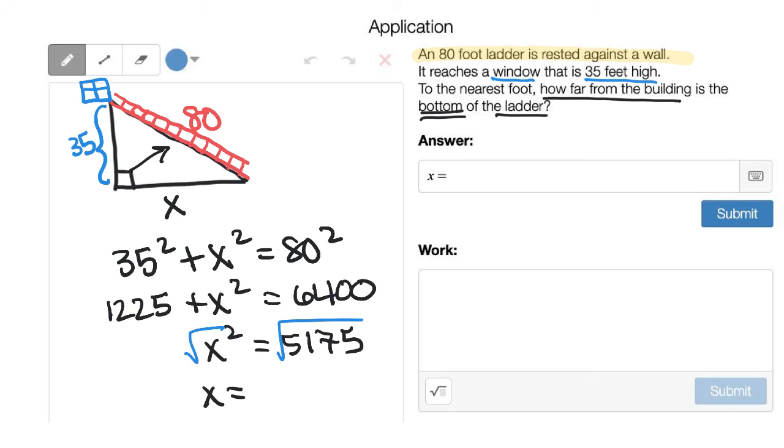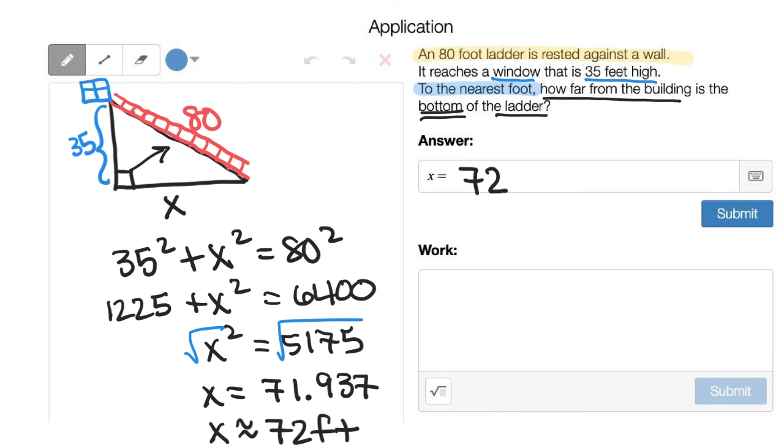I get 71.937, on and on and on. I look at where it wanted me to round. It said to the nearest foot. That's the nearest whole number. So X is about 72 feet. The ladder is about 72 feet from the base of the building.